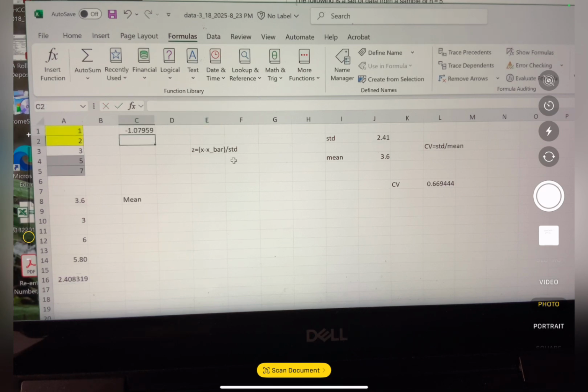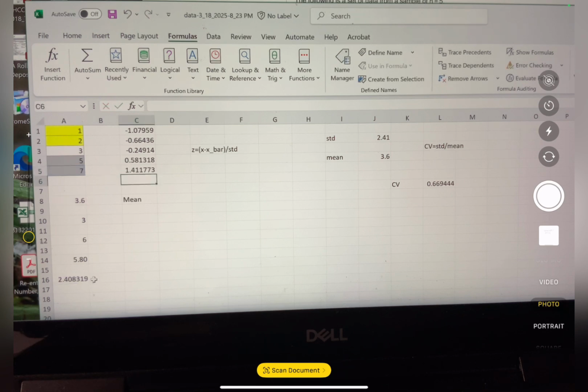And now I can drag it down. And there we go, I got my z-score. Look here, it's changed, it's picked up A3, but the mean and standard deviation stayed the same. Now this one, see, it took A5, and the same mean and standard deviation.